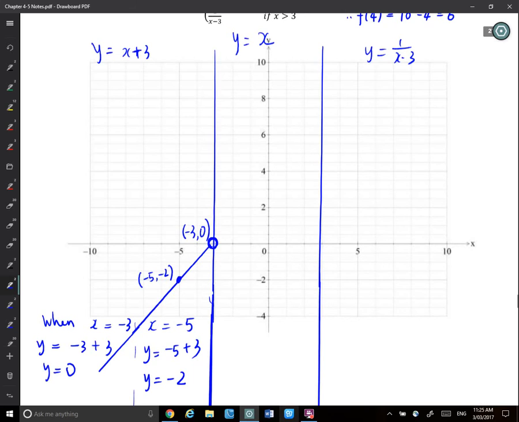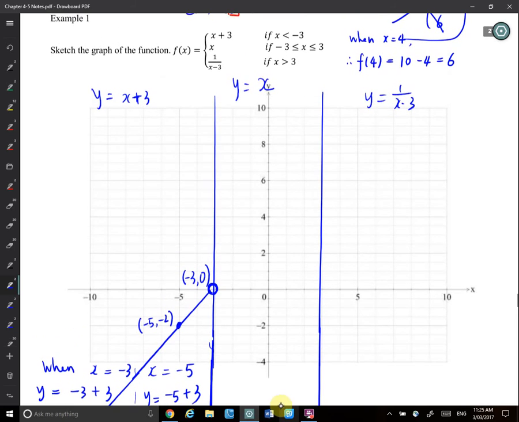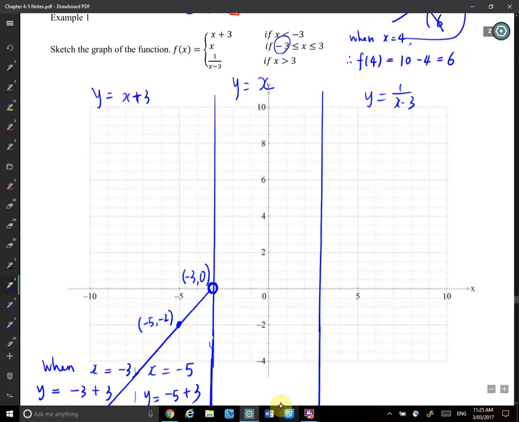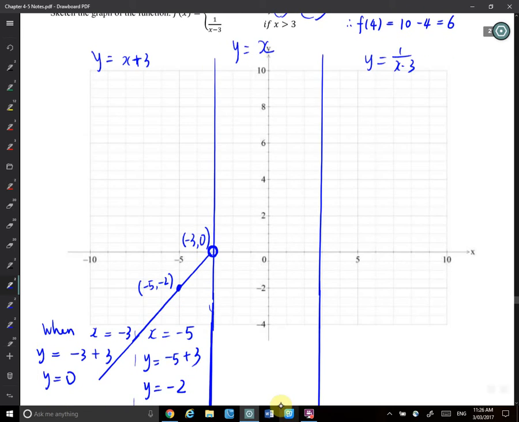Let's have a look at the middle section. The middle section is y equals x with domain -3 to 3, both sides included. So x equals 3, y equals 3. x equals -3, y equals -3. So 3, 3 and -3, -3 are the 2 endpoints.